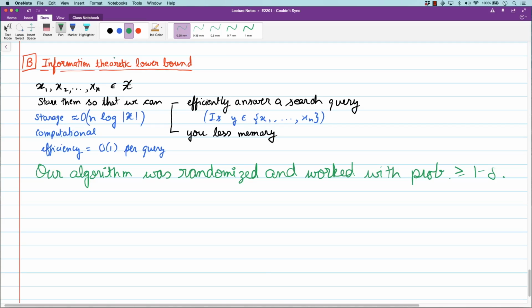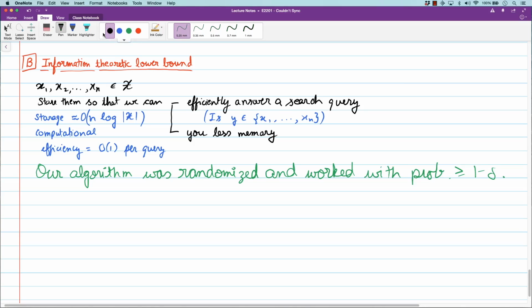It's not your usual lower bound that we have been seeing till now, and it's a little bit complicated, but it will look very simple because the steps you can verify easily, but they are difficult to come up with. The reason I'm covering this lower bound here is to illustrate the power of information theoretic techniques in showing lower bounds. If you try to show this lower bound directly, then it may be difficult.